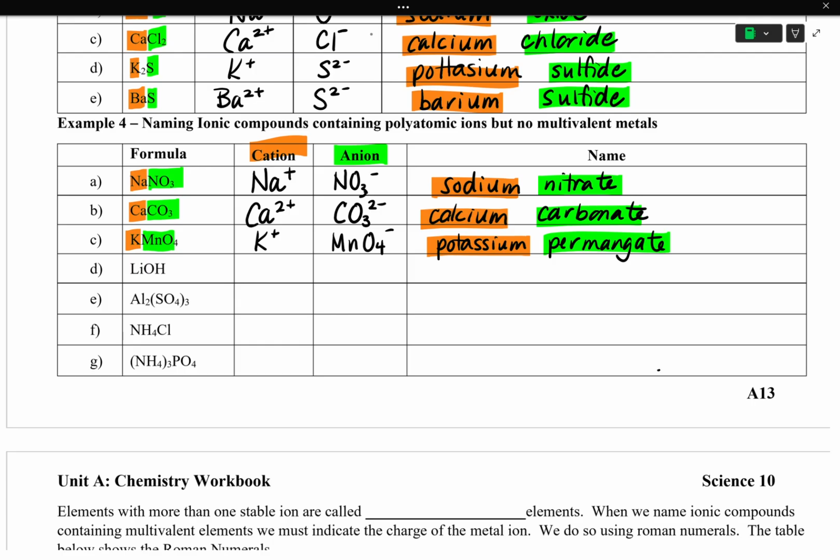So the answers are Li positive, OH negative, lithium hydroxide. Aluminum, Al3+, sulfate, SO4 2 negative, aluminum sulfate.